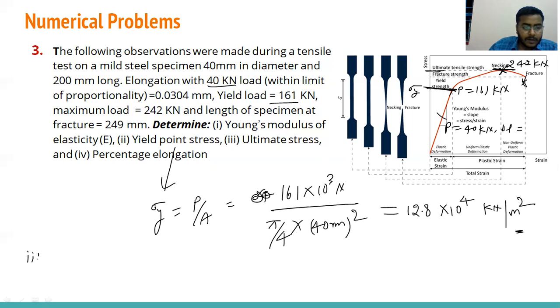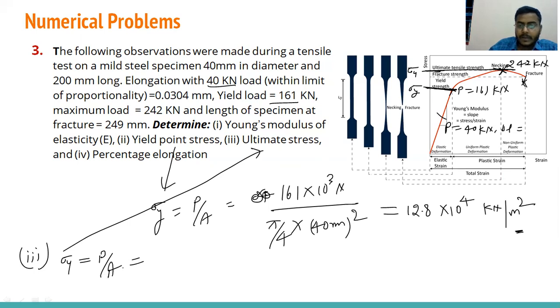Now, third one. Calculate ultimate stress, means a stress we have to calculate at this point. So this is called sigma u. Generally we denote by sigma u. Sigma u means ultimate stress. So that is also load divided by area. What is the load here?